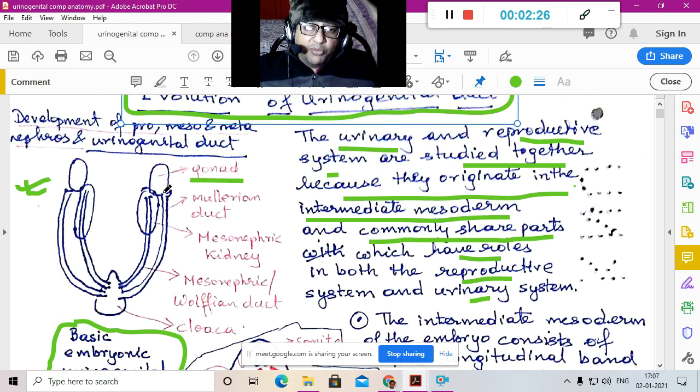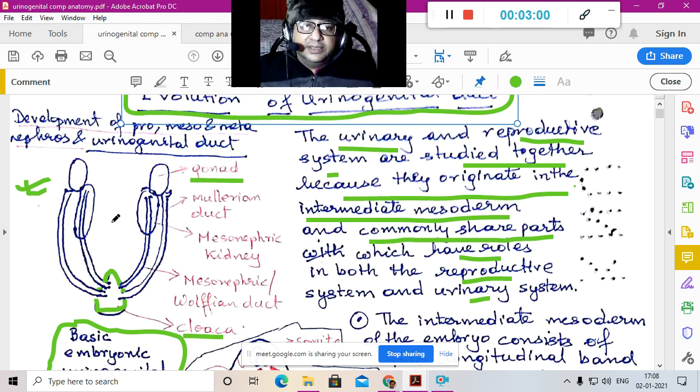From the gonad, from one side you have a duct known as Mullerian duct coming out and meeting into this region known as cloaca. This box you see is known as cloaca.